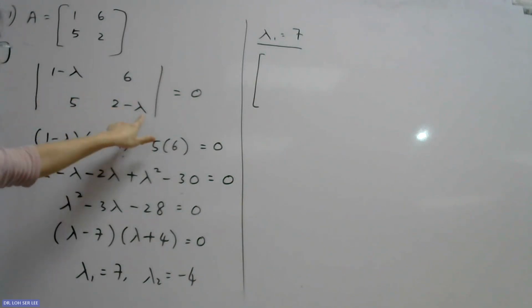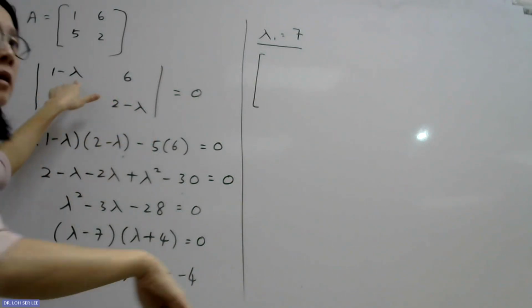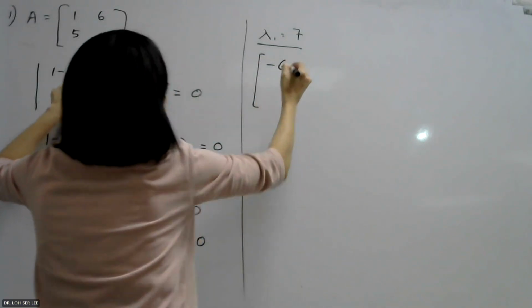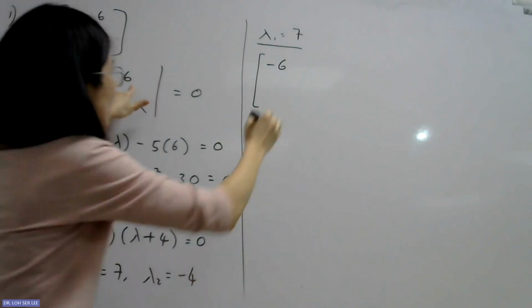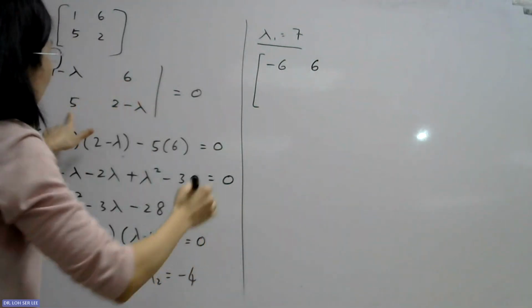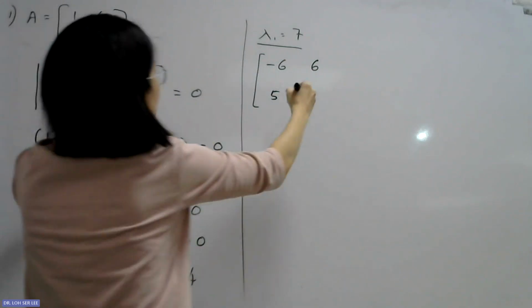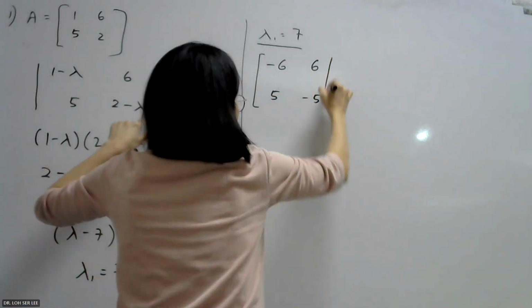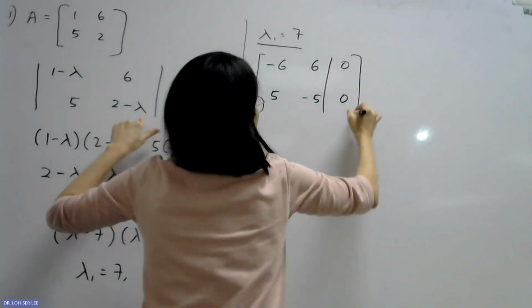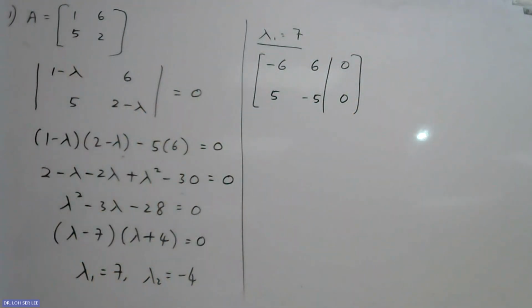So 1 minus 7 is -6, this is 6, this is 5, 2 minus 7 is -5, and 0, 0. Form the augmented matrix directly, then row reduce.